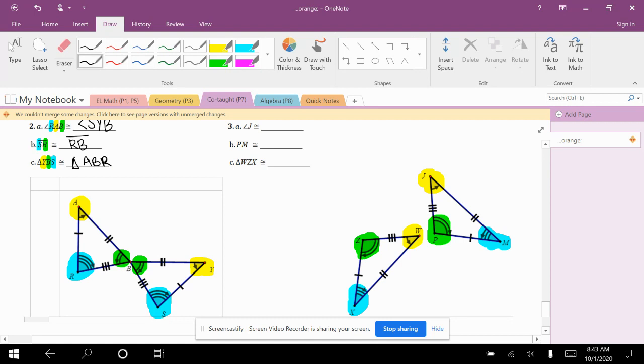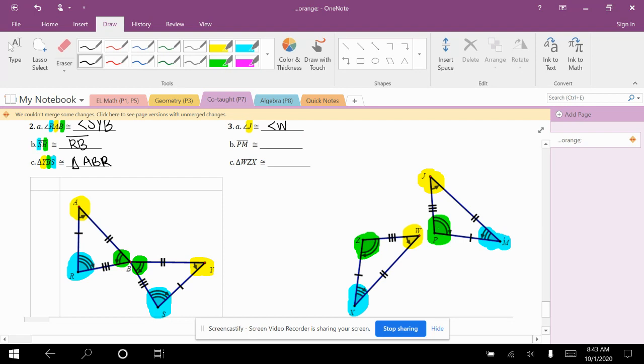Angle J is congruent to what other angle? Angle J is in yellow. The other image, W, is yellow. So angle J is congruent to angle W. Segment PM.